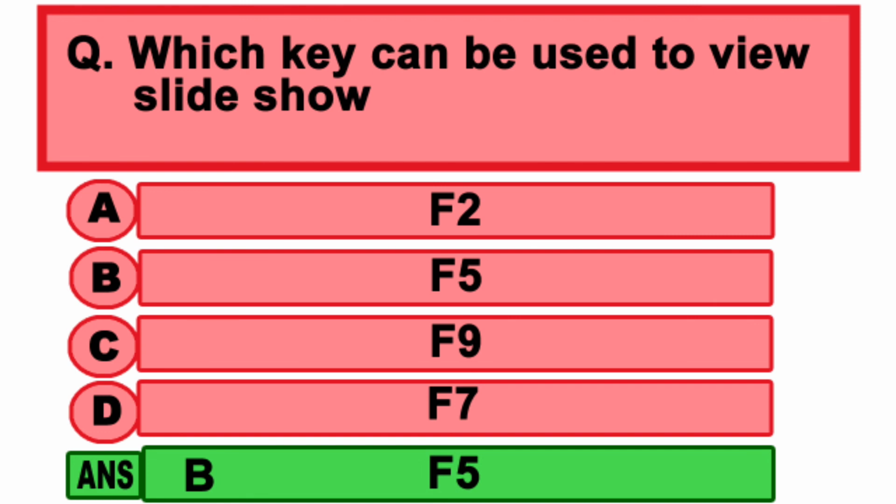F5 begins a slideshow with your active presentation from the first slide. F7 opens the editor pane and starts a spelling and grammar check. The correct answer is answer B, F5.